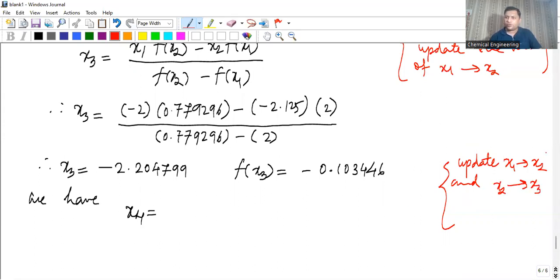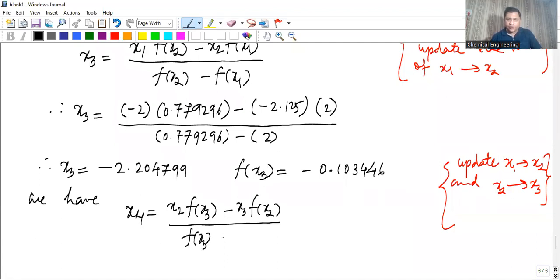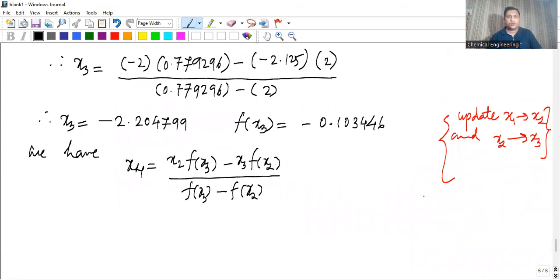Then once we have this x2, x3, we are able to find x4. So what will happen here? It will be x2 f of x3 minus x3 f of x2, and here we'll have f of x3 minus f of x2. So calculate this value.